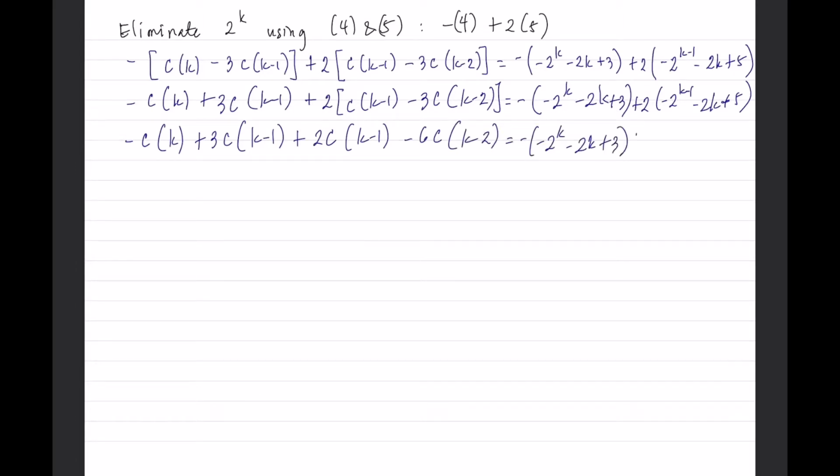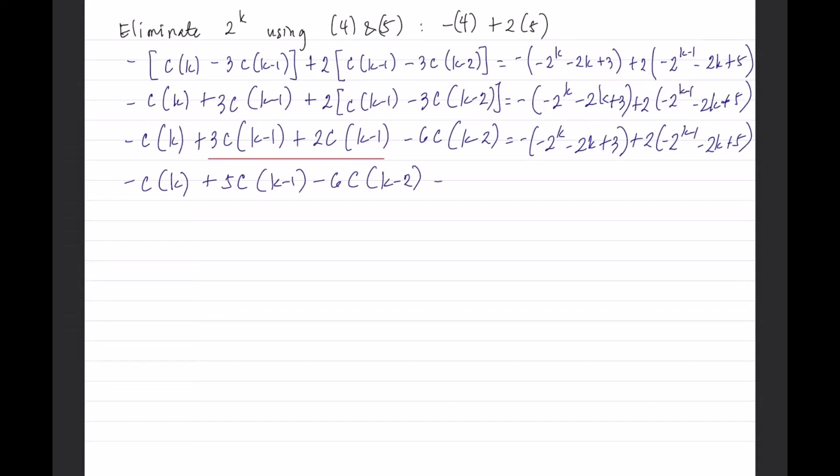Then we copy the right hand side. So we combine similar terms here. That would give us negative c of k plus 5c of k minus 1 minus 6c of k minus 2 is equal to the right hand side.